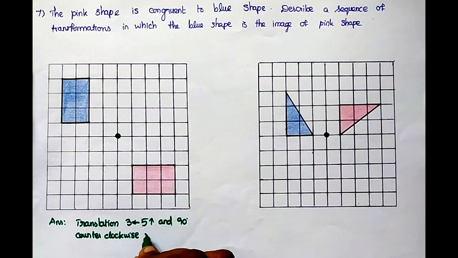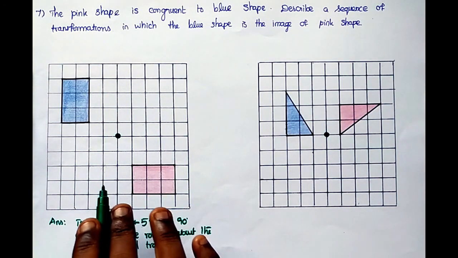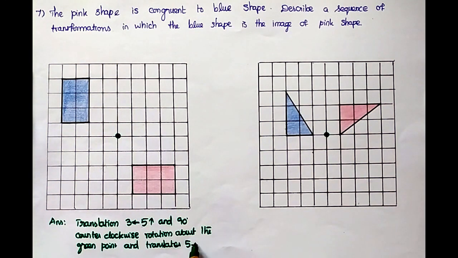Next rotation, and then about the green point, and translates, what's that, 5 moves left side and 2 moves downwards. That is the answer for first one.